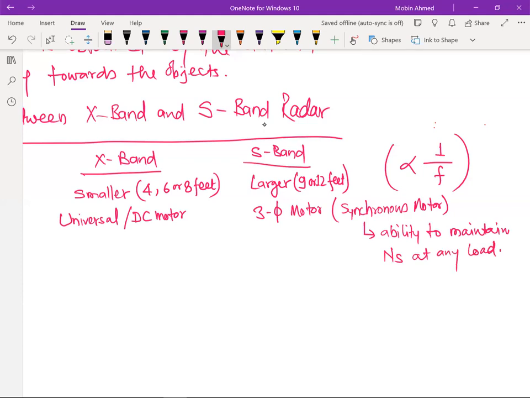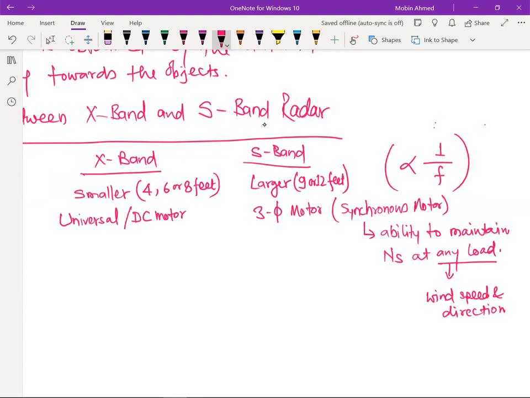Now, what is the load? The load is the wind. Wind has speed and direction.